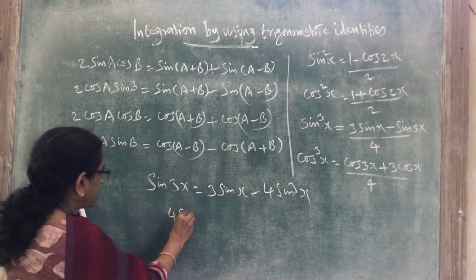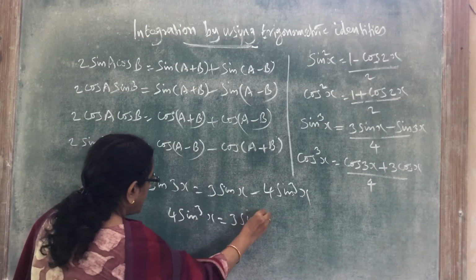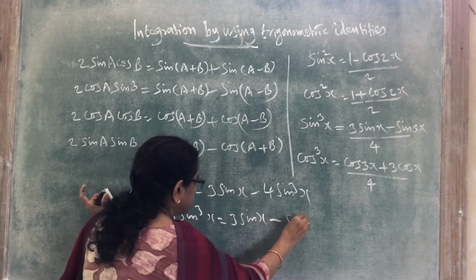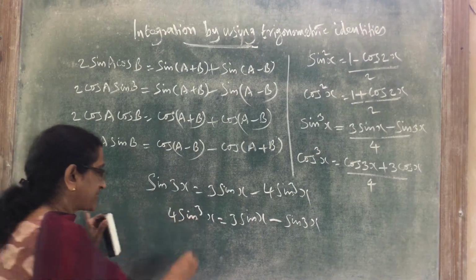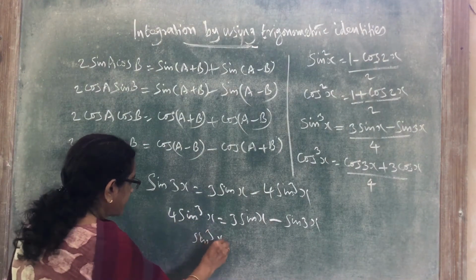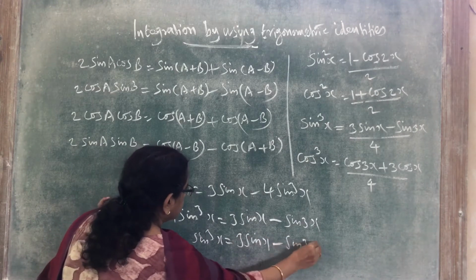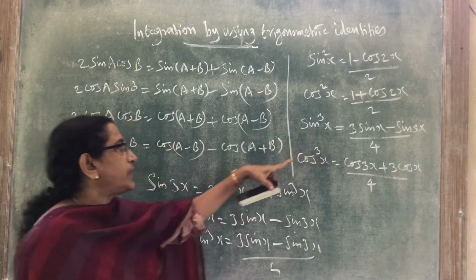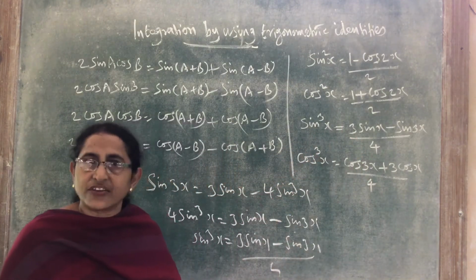So 4 sin cube x equal to 3 sin x minus sin 3x, taking sin 3x to this side. So sin cube x equal to 3 sin x minus sin 3x whole divided by 4. That is sin cube x.